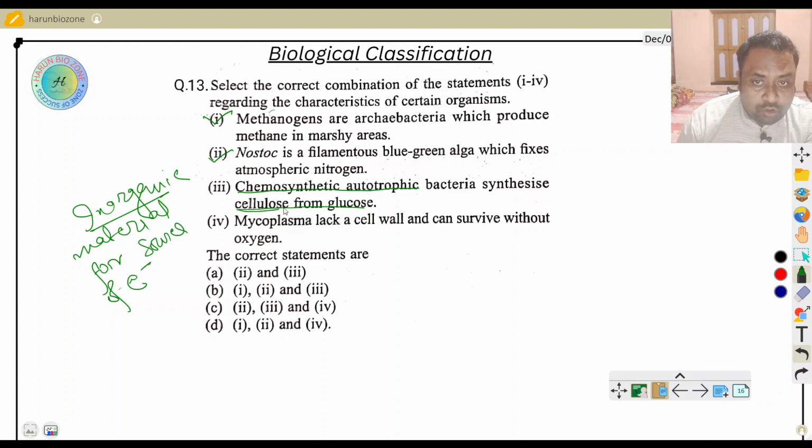But cellulose is an organic material, and glucose is also an organic material. So organic material is not used by chemosynthetic bacteria. So this is the wrong answer. And Mycoplasma lack a cell wall and can survive without oxygen. It is also the right answer. So here the right answer is 1, 2 and 4. D is the correct answer.